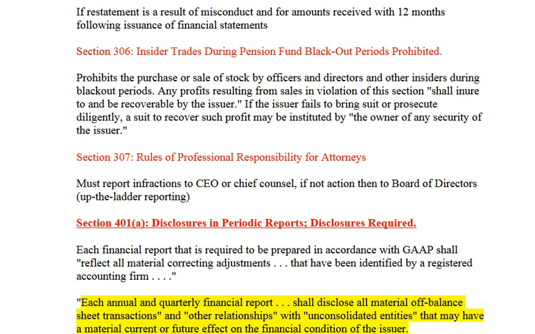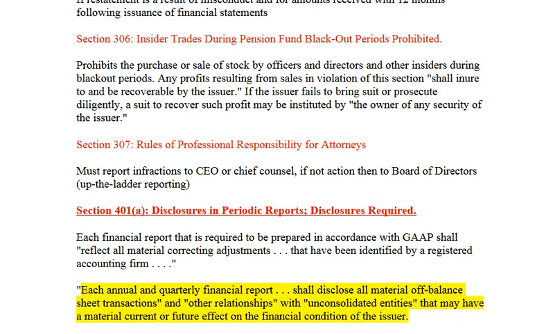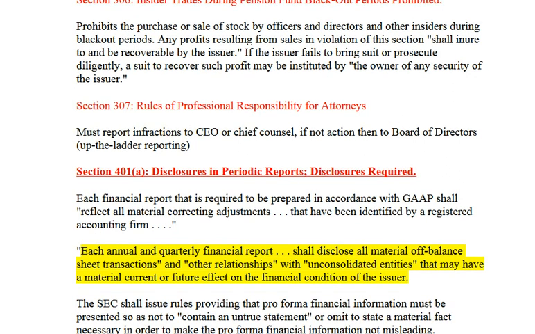Section 306, Insider trade during pension fund blackout periods. Prohibit the purchase or sale of stock by officer and director and other insider during blackout period.